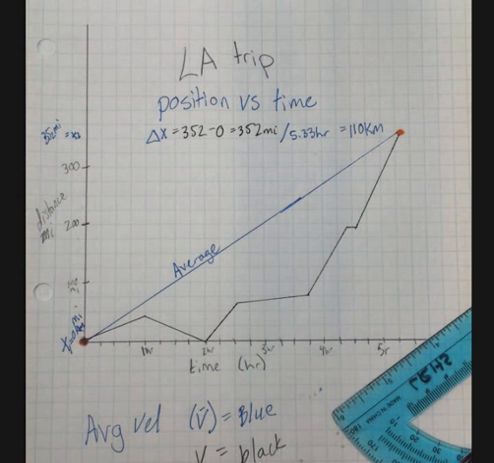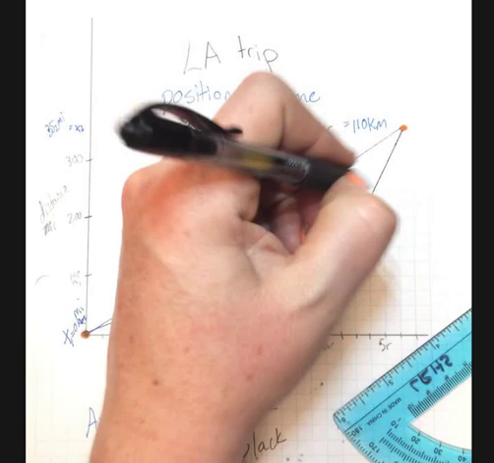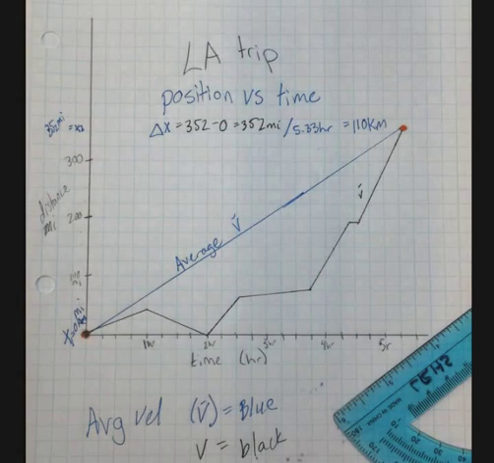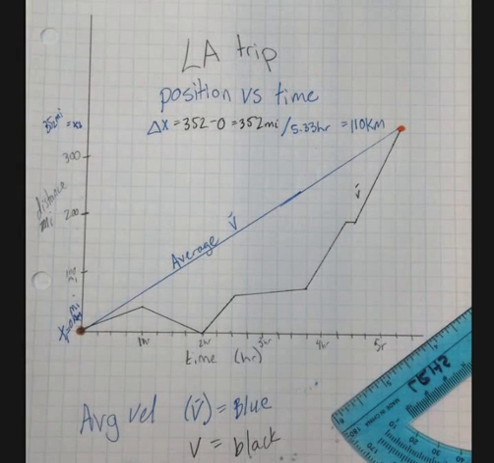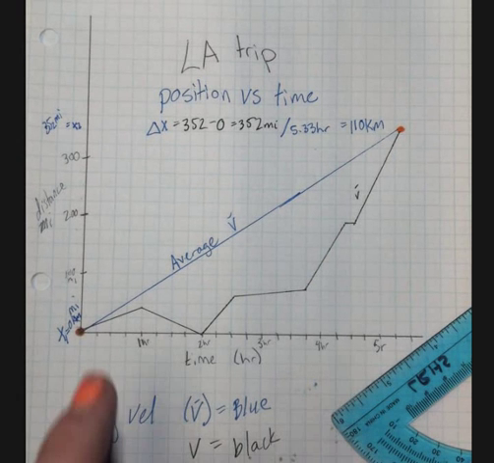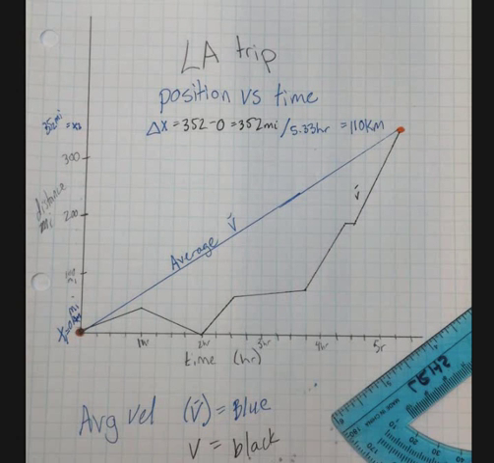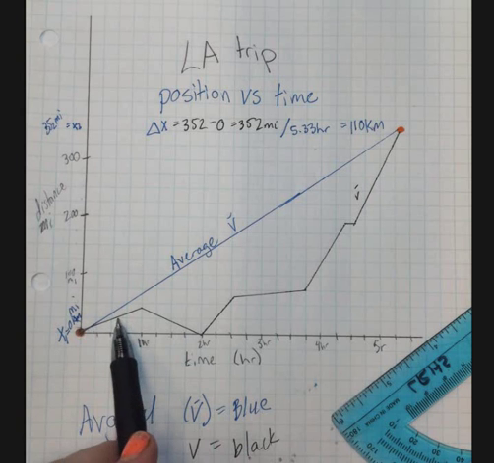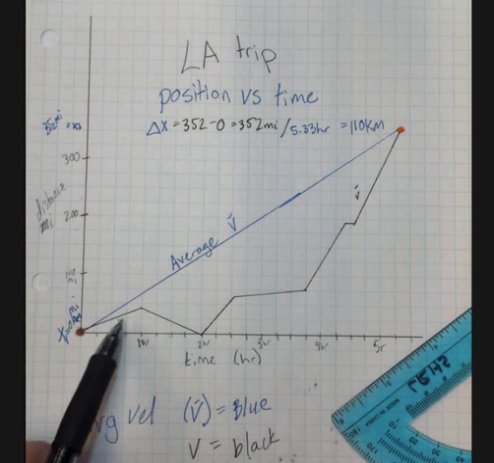If we did area, it would end up being the same. So your average velocity and your instantaneous velocity lines give you the same overall calculation of your velocity, but they're very different at different times. Here on this line, your slope is the same the whole way through, right? You have a consistent, smooth, steady slope. But here, your slope is positive and not as steep, and then it's negative and equally unsteep.